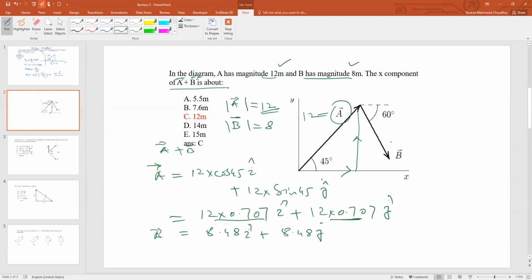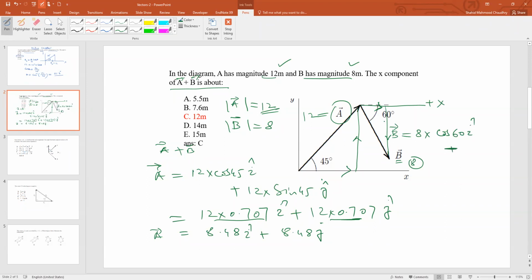Now we want to find the B vector. So B vector is equal to, here is the B vector and this is your x-axis line. You can draw a component, make the components like this and this. This is along positive x-axis. So value of B is 8. So you can write 8 into cos of 60 into i plus minus.